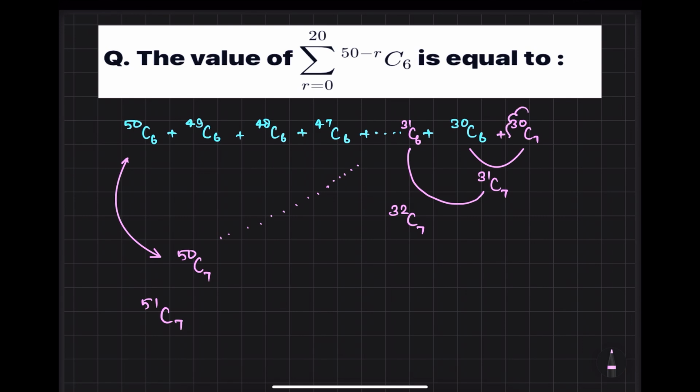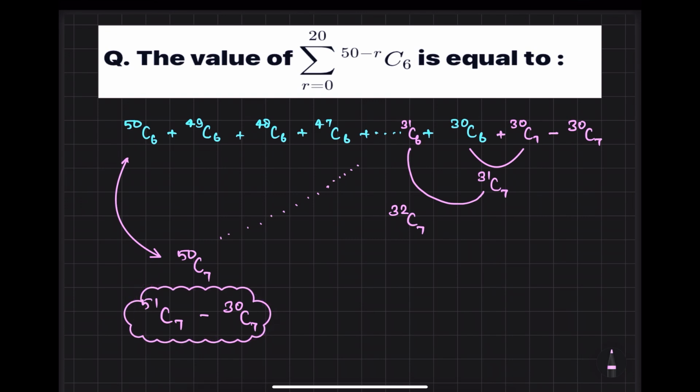But look at this: you have added this element, so you have manipulated the question, no? It is your responsibility to remove this. So 30C7. Can I write this as 30C7? So the required answer is this.